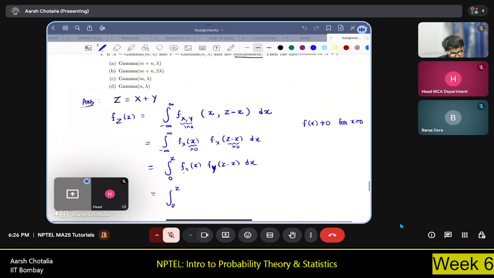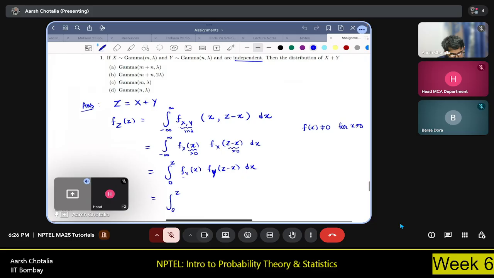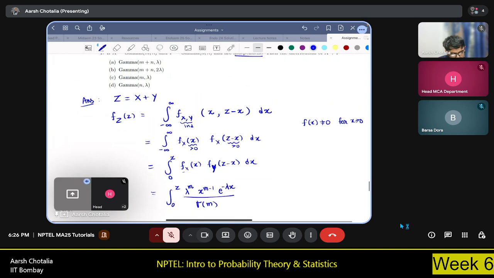So f_X of x is a gamma distribution with parameters lambda and m. So it is lambda to the power m, then x to the power m minus 1, e raised to minus lambda x, divided by gamma of m. This is the definition of the gamma distribution. And similarly, the other one would be lambda to the power n.